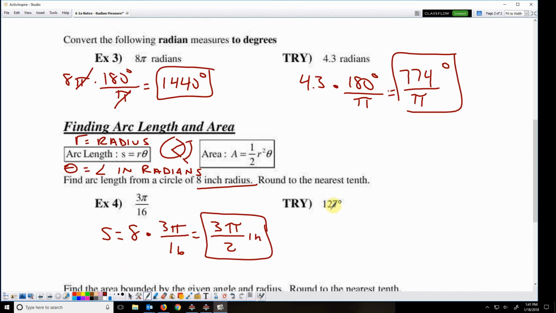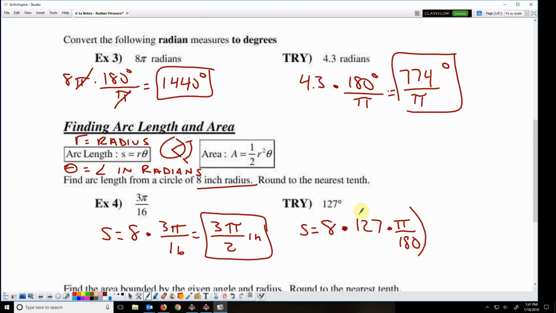Now you should notice that this one is in degrees, and it needs to be in radians. So here's how we're going to handle that. S is 8 times theta, which is the measure in radians, and that can be found by doing 127 times pi over 180.